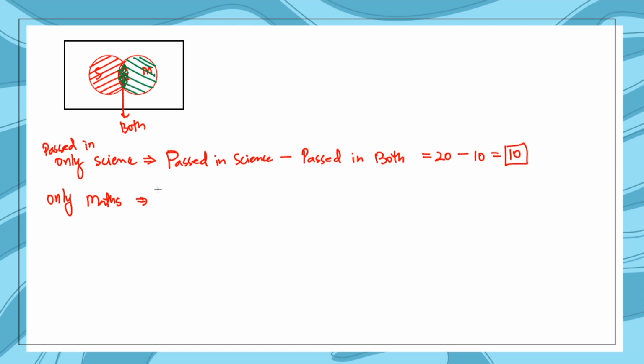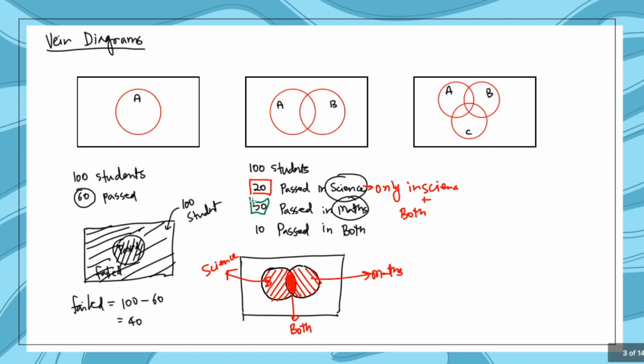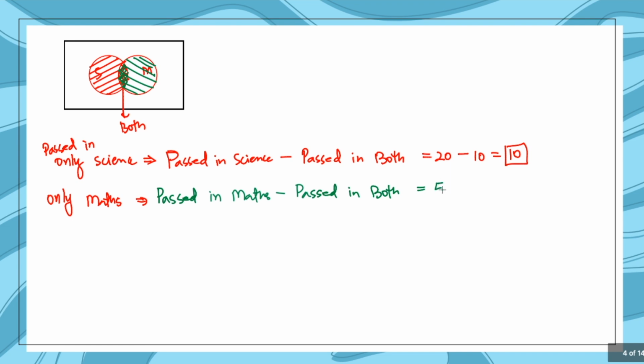Again, same thing you will do. You will subtract those students who have passed in both from those who have passed in maths. So this number, according to the question, will become 50 minus 10, which comes to 40. So there are 40 such students who have passed only in mathematics.